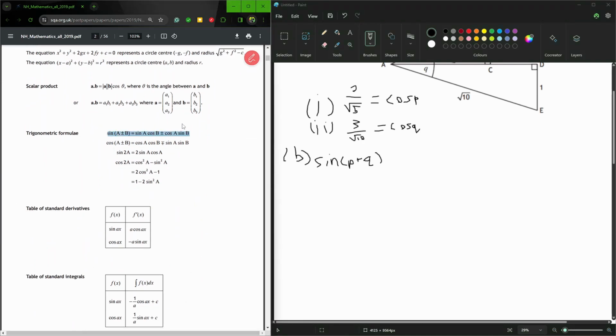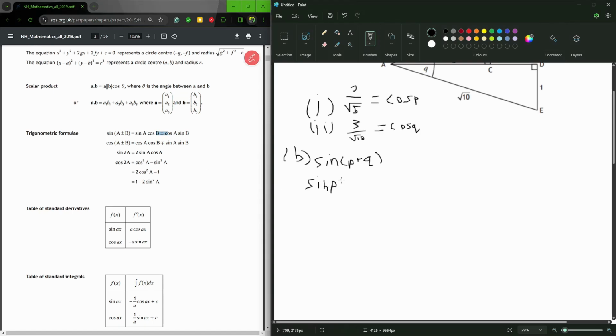So sine, if we expand this function out, equals sine A cos B plus or minus cos A sine B. So we want it to be plus. So sine, in this case, will still be plus. For cos, you'd reverse the sign because cos is a weird one, eh? But if we expand this out, that would be sine P. See where I got that from?